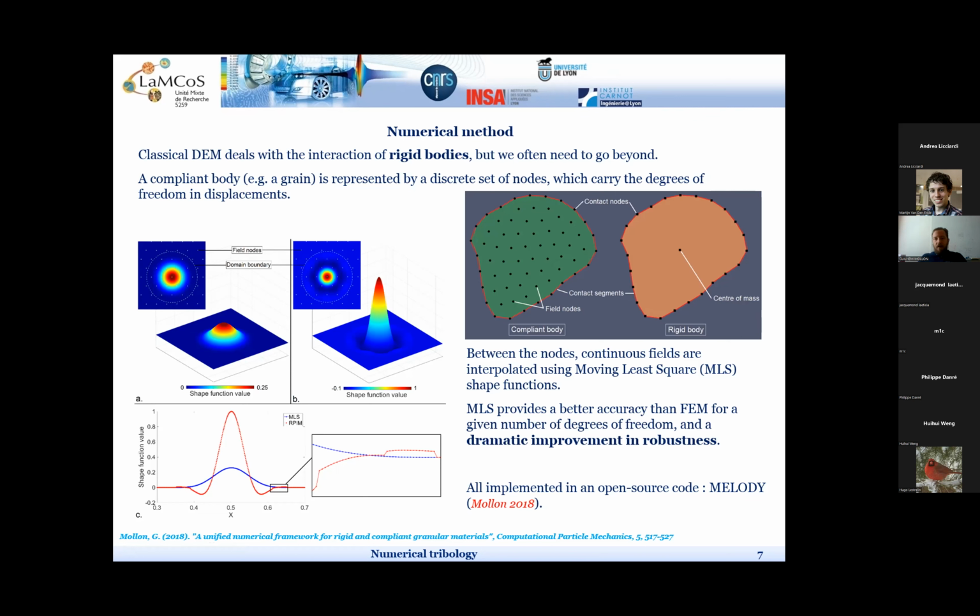They get plastified, they get sheared, and so on. So I'm going to talk a bit further in this talk about some applications where we need this.